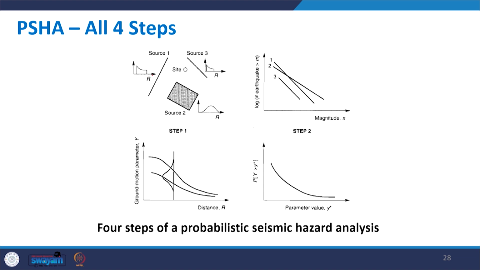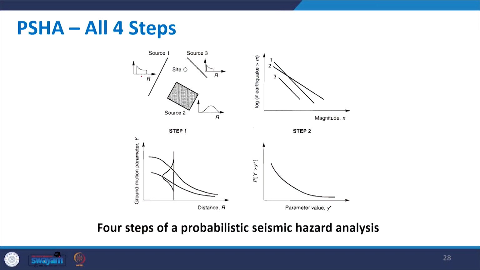So, within the fault line, in DSHA you picked the maximum earthquake and minimum distance. Here you do not neglect other earthquakes due to this source, and for each case you have a probability function, source 1, source 2 and source 3. So, this is the variation with the distance, and that is also covered.